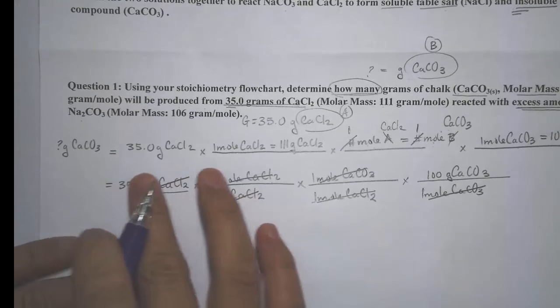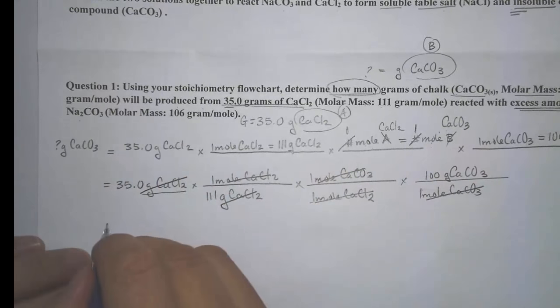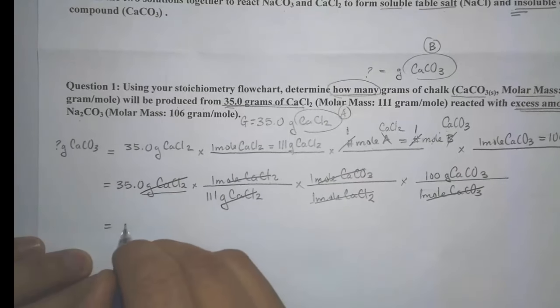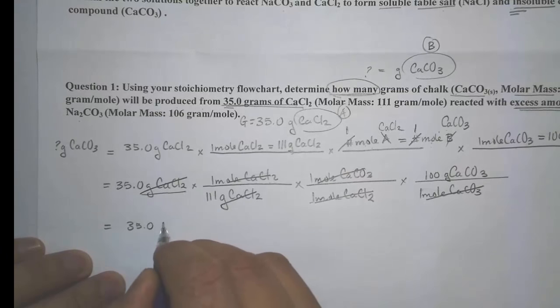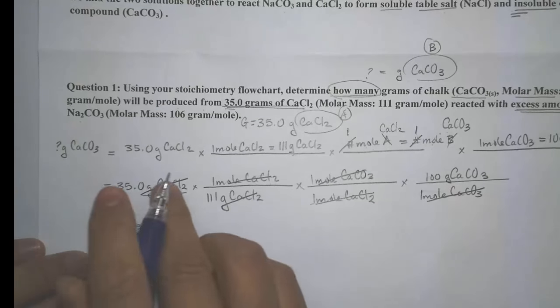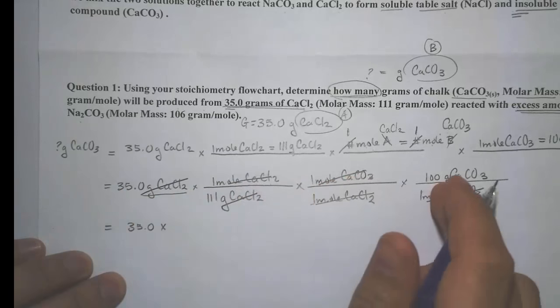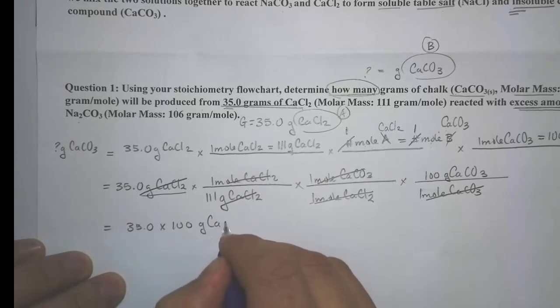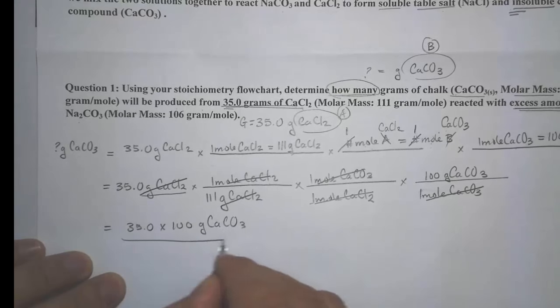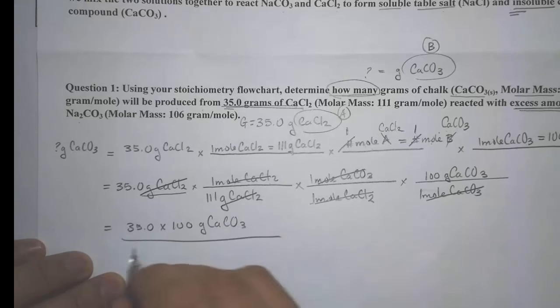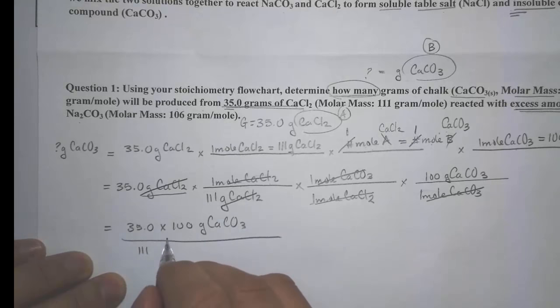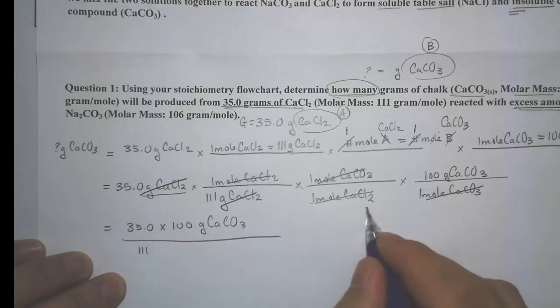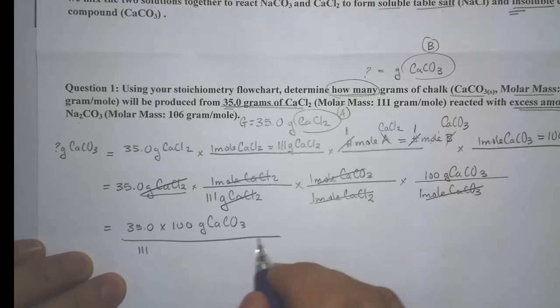We just multiply everything on top and divide everything on the bottom. On top is 35.0 times, nothing there, right? We ignore the 1, times 100, in grams of calcium carbonate. Divide everything on the bottom, which is 111, times 1, so we ignore those, and that is our answer.